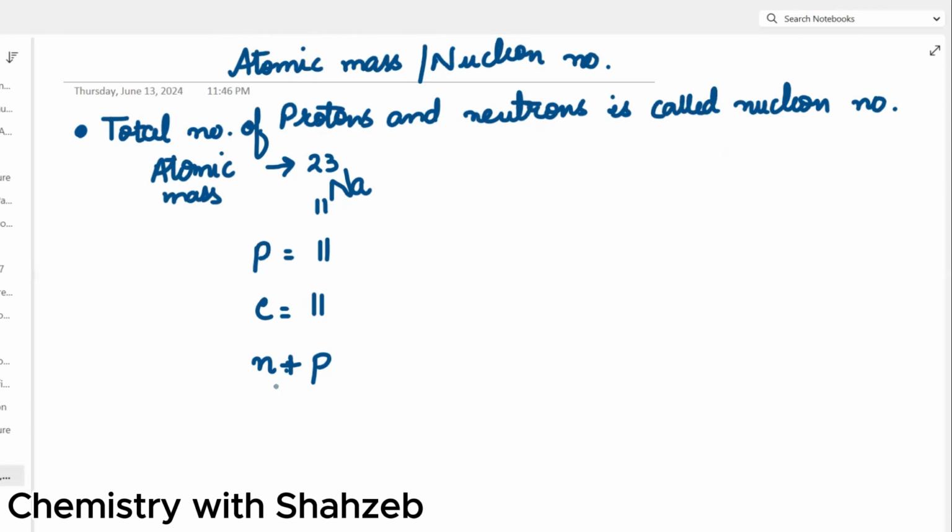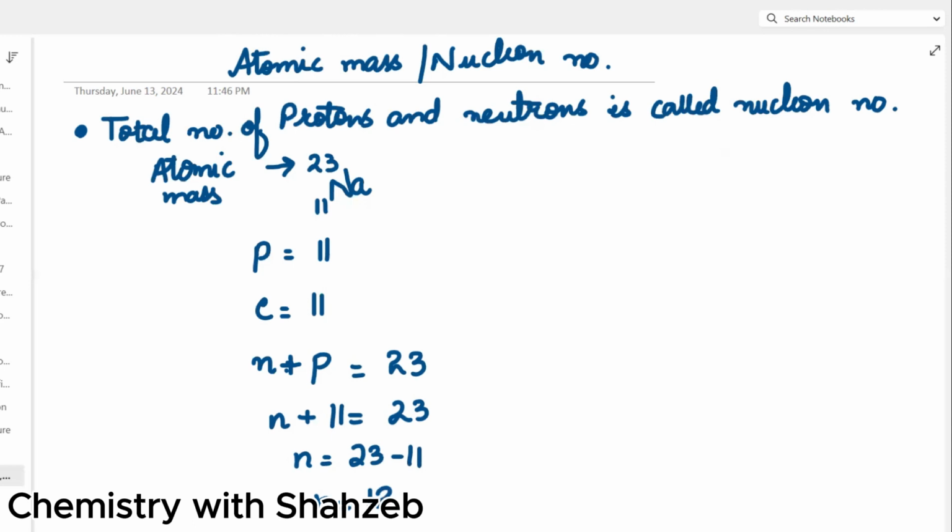So the number of protons and neutrons represents atomic mass, which is 23 here. We know that the proton number is 11, so n is equal to 23 minus 11, and that becomes 12.